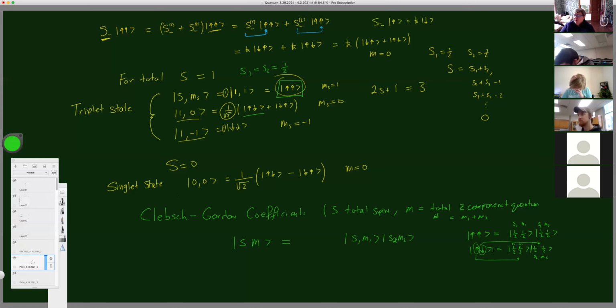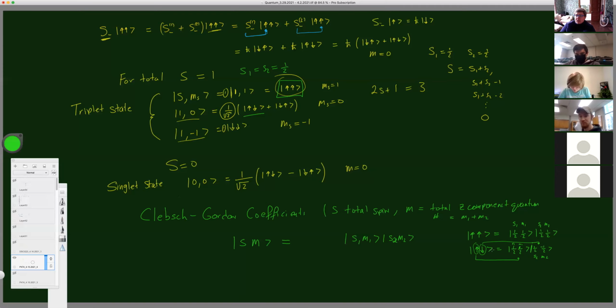But that up down arrow is really not used for any other system because it doesn't really tell you what S is, right? So if you had a spin 1 particle, you couldn't use this notation because it wouldn't tell you that S1 was 1. It'd be confusing and weird.